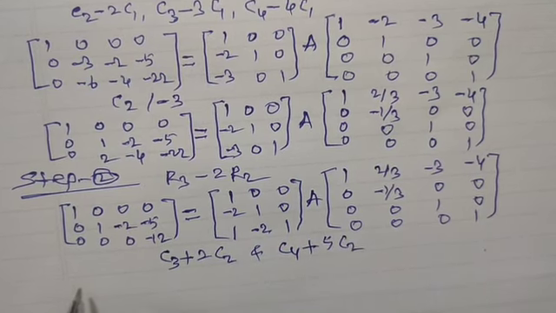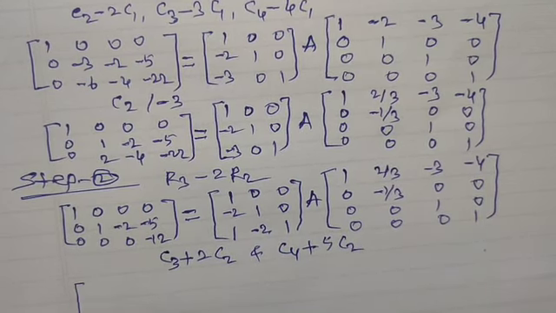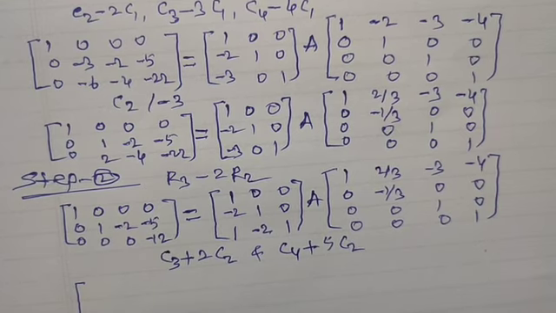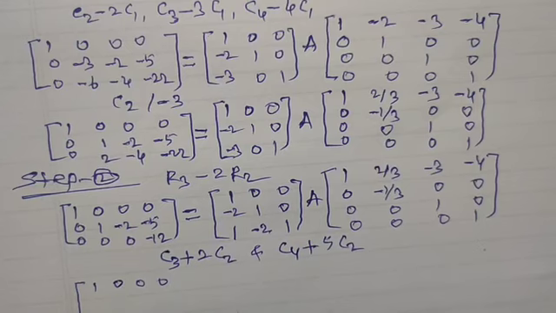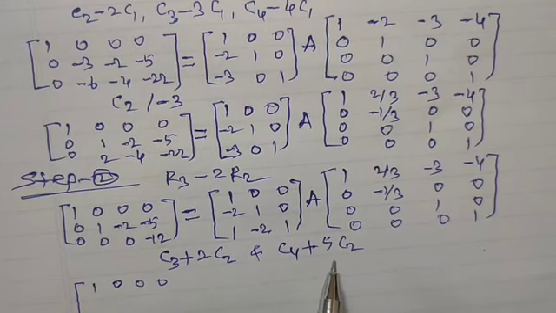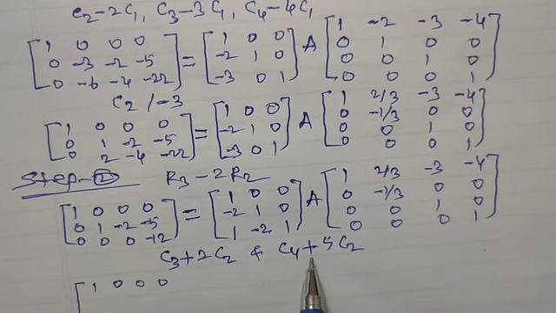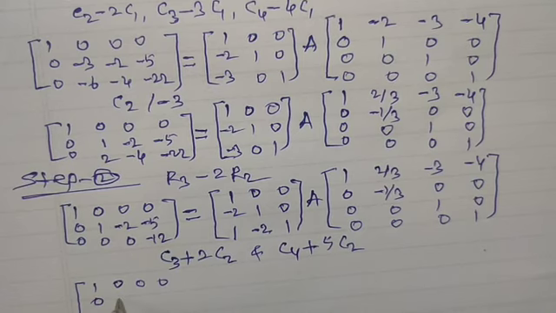Applying this, the matrix reduces to 1, 0, 0, 0. We want change in C2, C3 and C4. Then 0, 1, 0, 0. These two elements become 0.